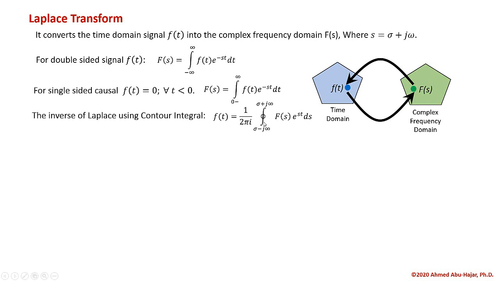It looks puzzling for students when they say that they can't calculate this, and have to rely on partial fraction expansion to get the inverse. The reason is they don't know how to calculate this integral when f of s is a complex function, or when s is a complex variable. s is sigma plus j omega, a complex variable.